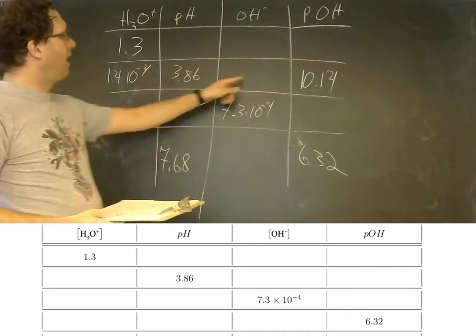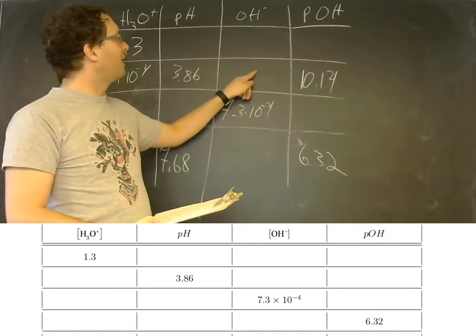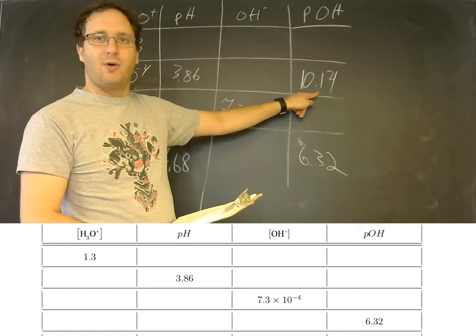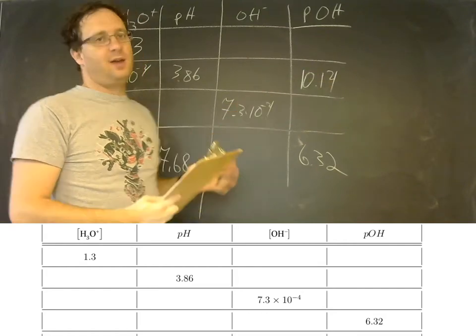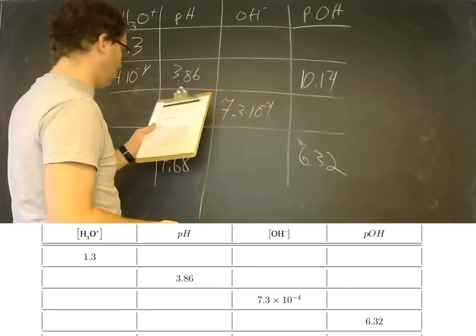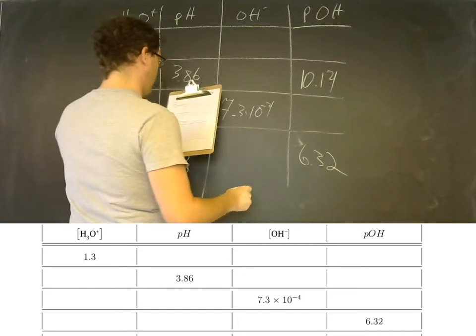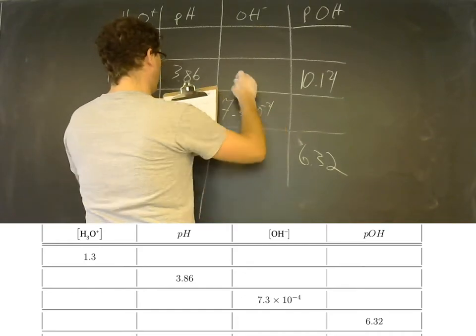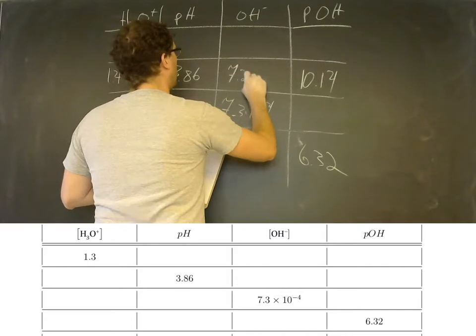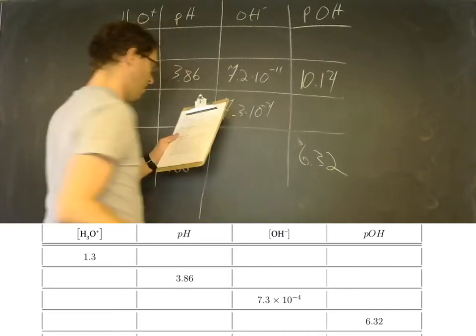And now finding the OH minus, I'll take 10 to the negative pOH. I think that's the simplest way to do this. So 10 to the negative pOH, 10 to the negative 10.14 is 7.2 times 10 to the negative 11th.